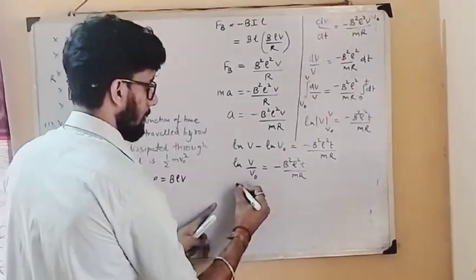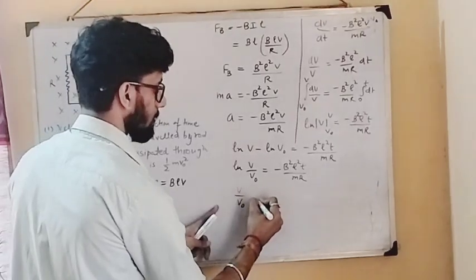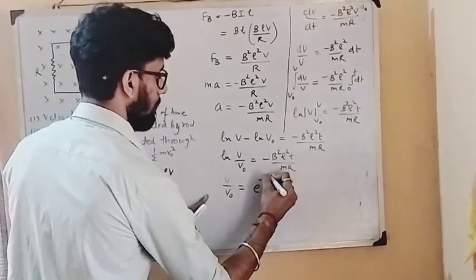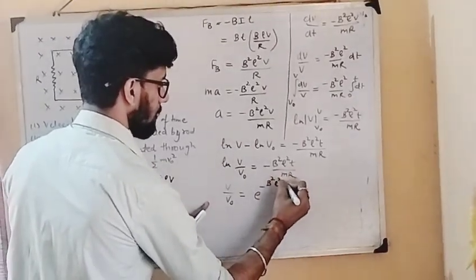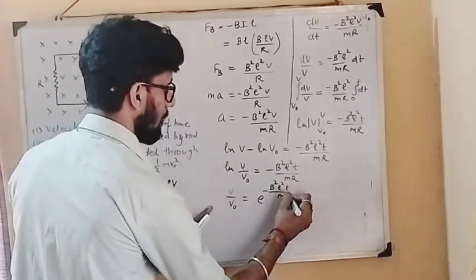So v upon v naught is equal to e raised to the power minus B squared L squared t by mR.